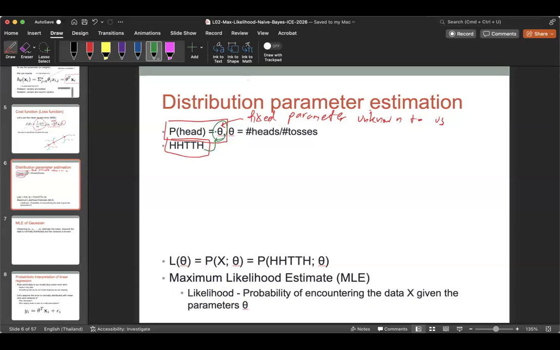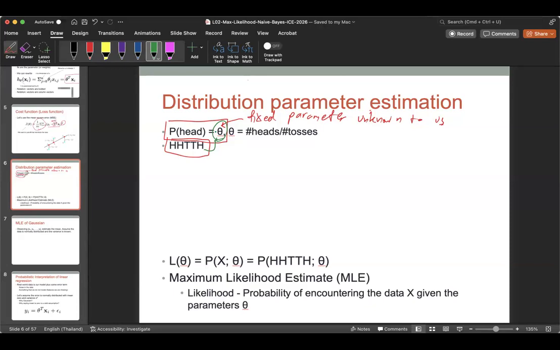If we have to guess a theta, what's the best theta we can guess? From our intuition, we will say, oh, 60%, because the data says so. But why is it 60%?